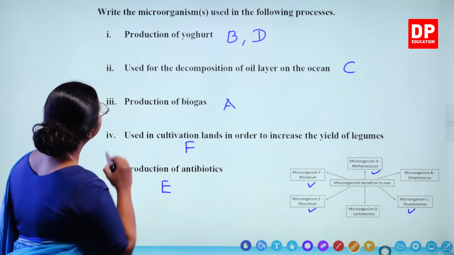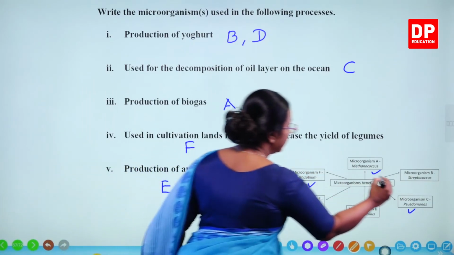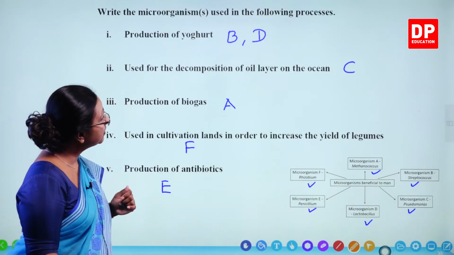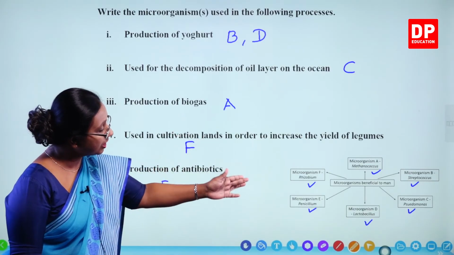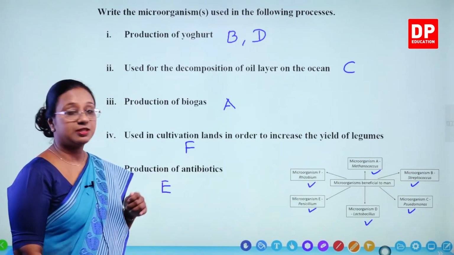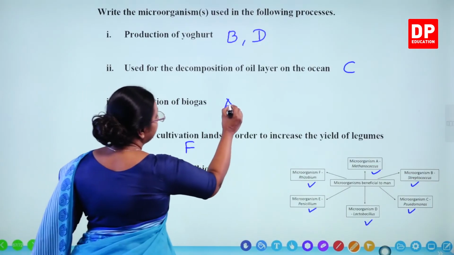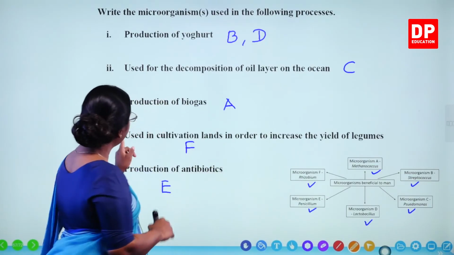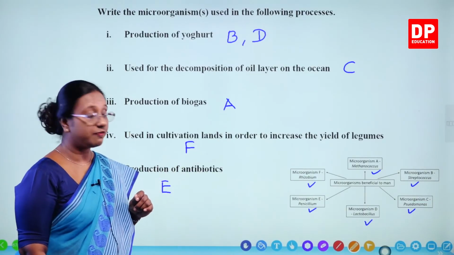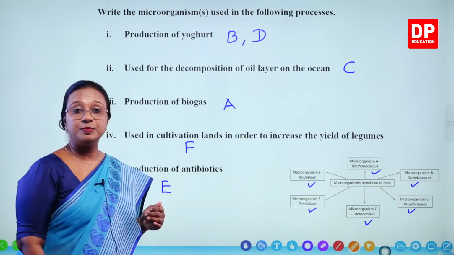We have included all the answers. B Streptococcus and Lactobacillus for production of yogurt. Then decomposition of oil layer on the ocean, that is Pseudomonas C. Production of biogas, Methanococcus, that is A. And used in cultivation lands in order to increase the yield of legumes, that is Rhizobium.